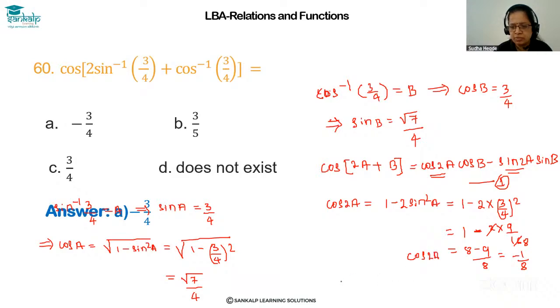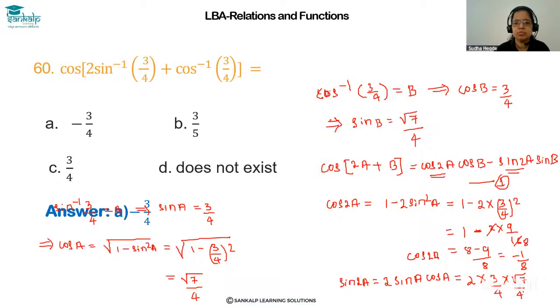Now similarly find sin 2A. Sin 2A is equal to 2 times sin A cos A, standard formula. So 2 times sin A is 3 by 4, cos A is root 7 by 4.